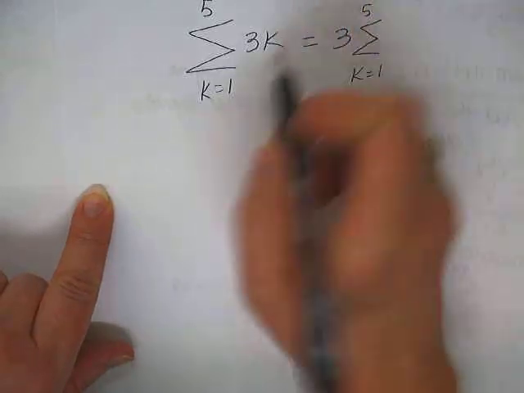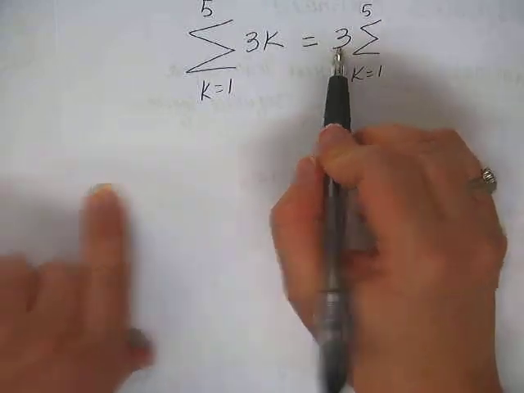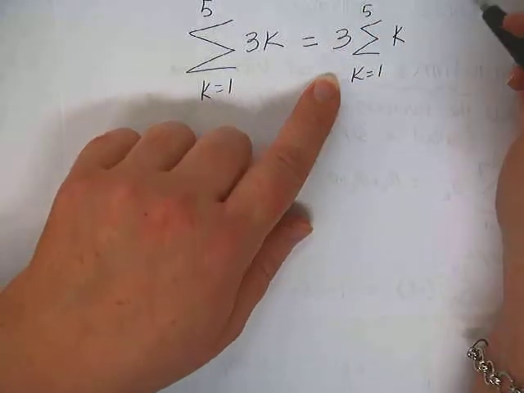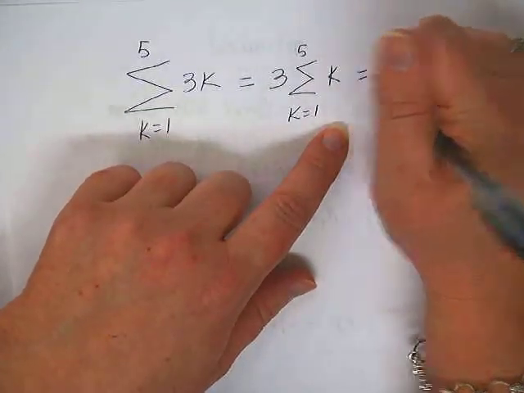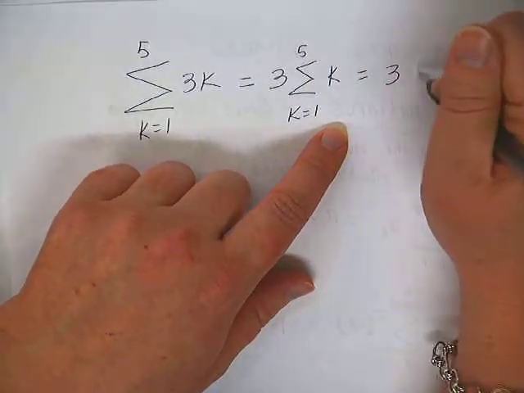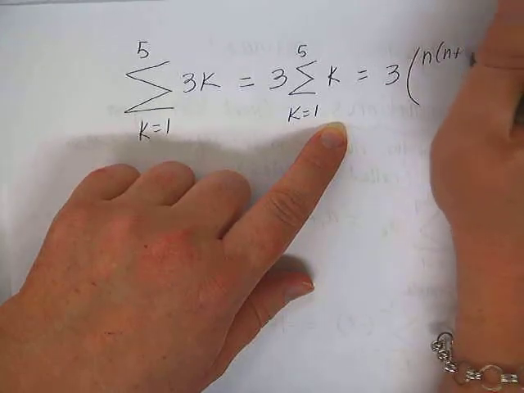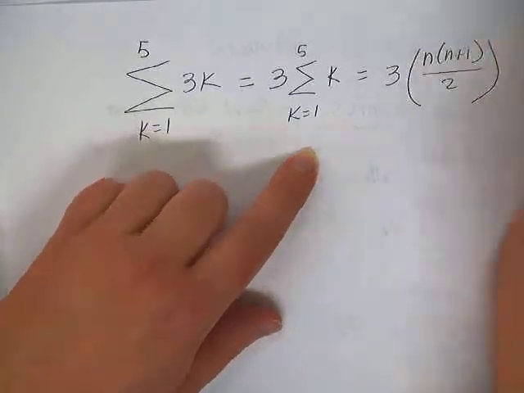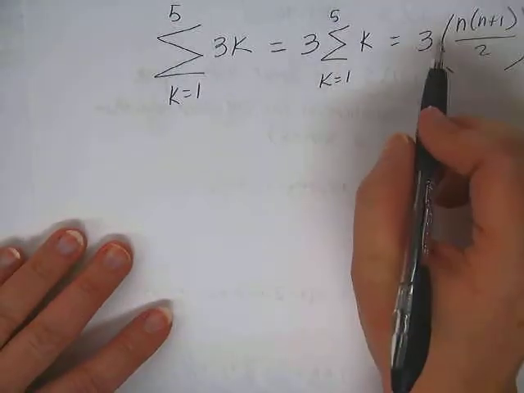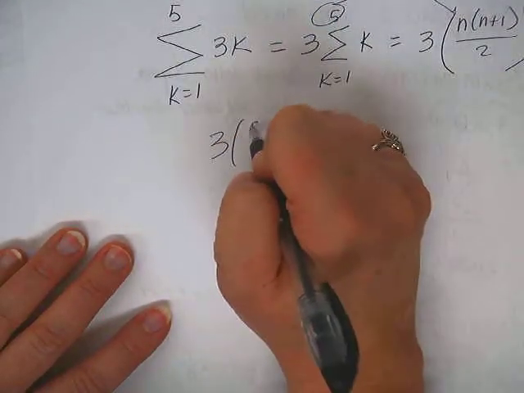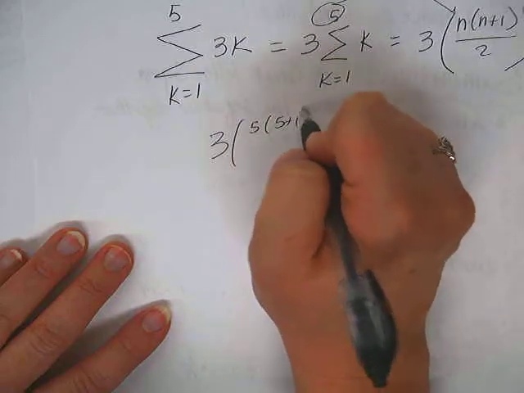Okay, so if you look at the sheet of formulas that I'm going to give you, you can use this. There's a property that says if this is 3 times k, you can just simply take the 3 out and multiply it times the sum of just plain old k. Then you look at the sheet of formulas, and there's a formula for k, which is n times n plus 1 over 2. We'll learn more about that formula another day.